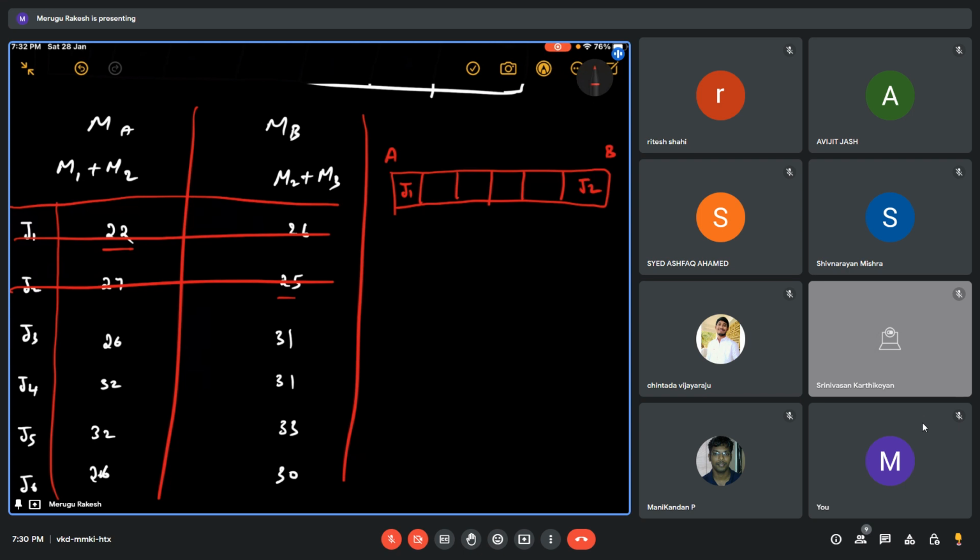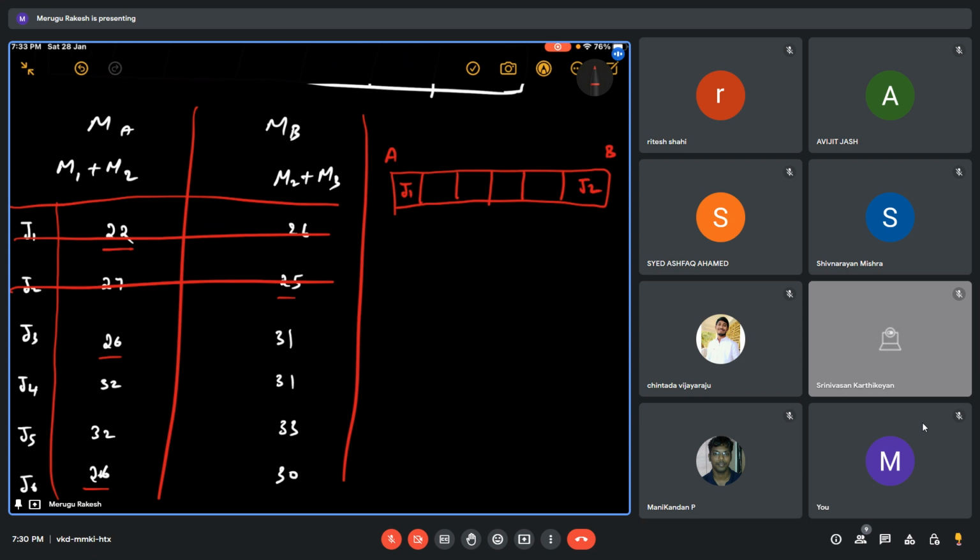Now we have two 26s, one here and one here: J3 and J5, J6. If you follow this, you will get two models. In one case, we can take J3. In the other case, we can take J6, the first one.